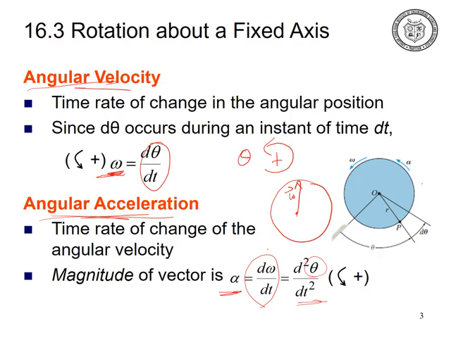After some time this angular velocity changes to a new vector, omega prime. So what will be the angular acceleration? It will simply be the difference between omega and omega prime. This will be your alpha. So in this case alpha is not in the direction of angular velocity. There may be a case that angular acceleration and angular velocity have the same direction, but it is not necessarily true.